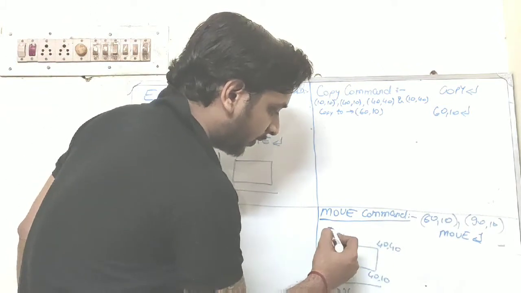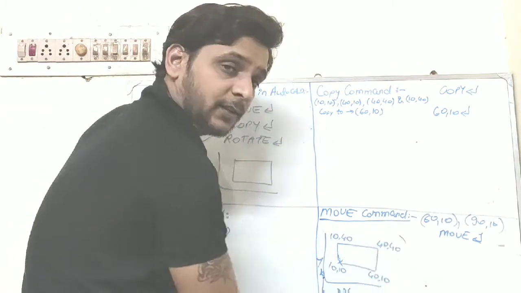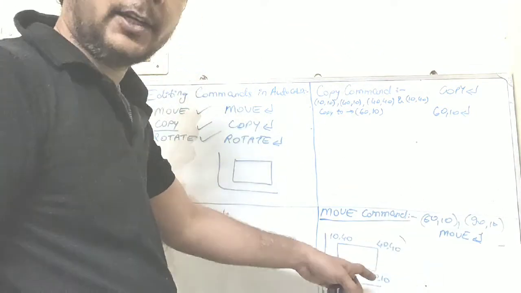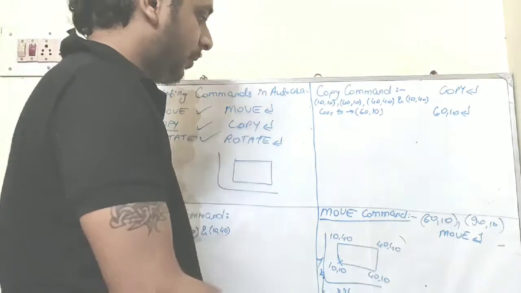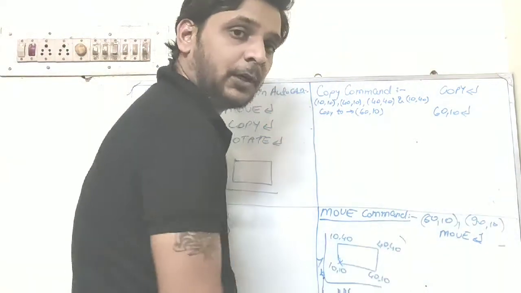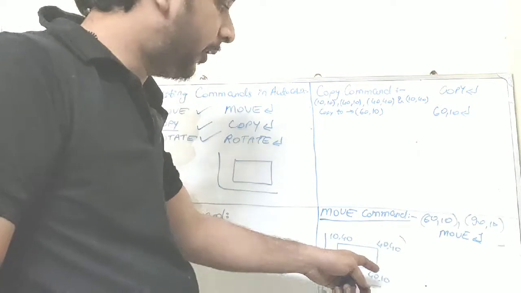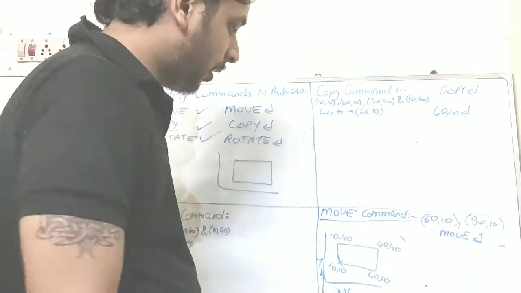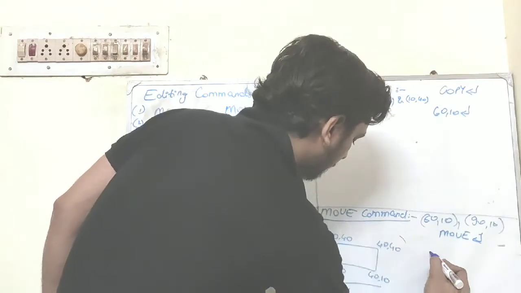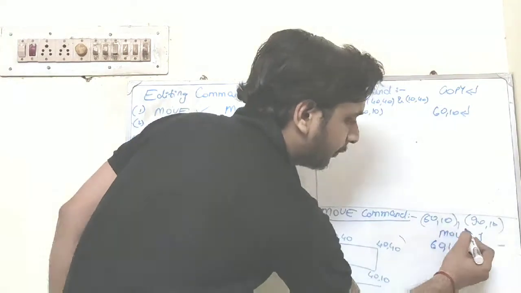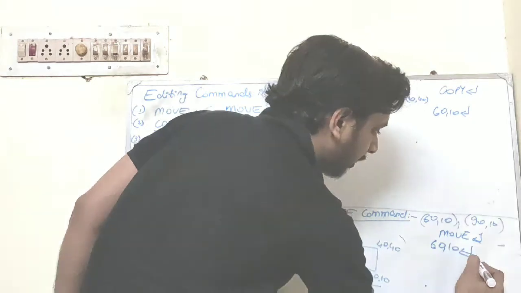So you have to select this rectangle with the help of mouse by just dragging over it. Now this object is selected. Now the computer will ask you to specify the first base point to move this object. So at the command prompt type 60, 10 because 60, 10 is the first base point given in the question and press enter key.